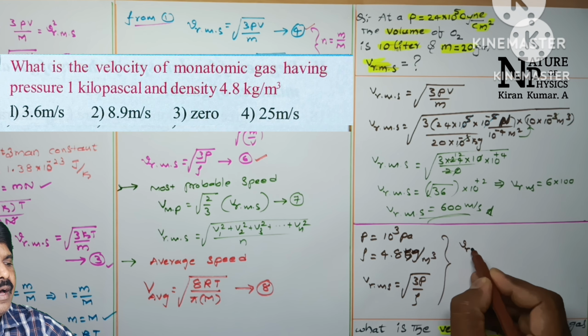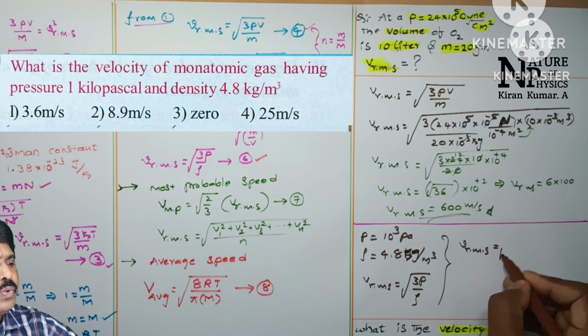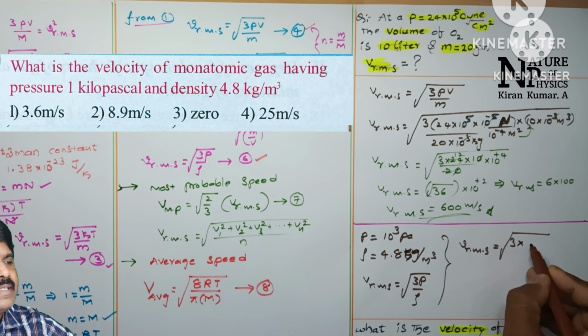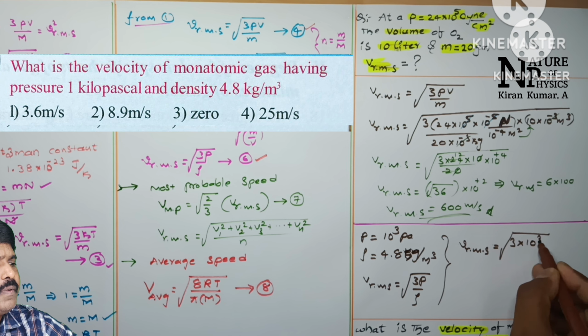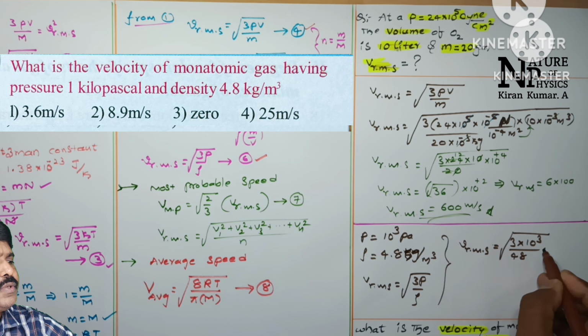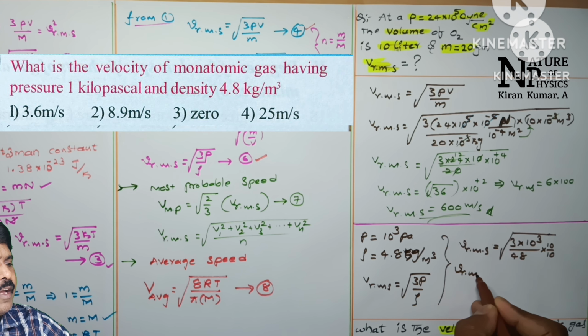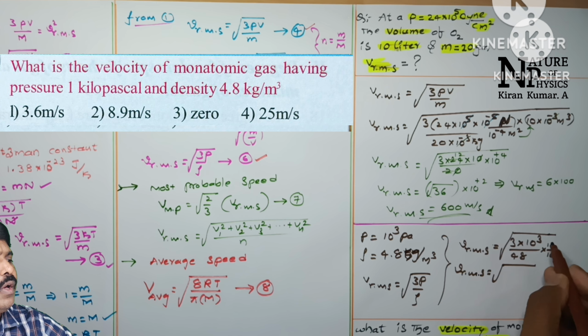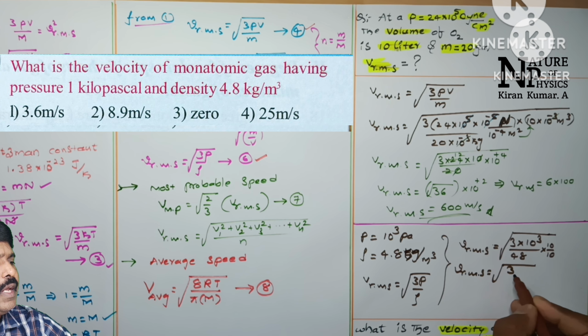See, VRMS is equal to root over 3 into pressure 10 to the power of 3 divided by 4.8. So I am multiplying by 10 and dividing by 10, so that VRMS is equal to root over 3 into 10 to the power of 4 divided by 48. Okay?